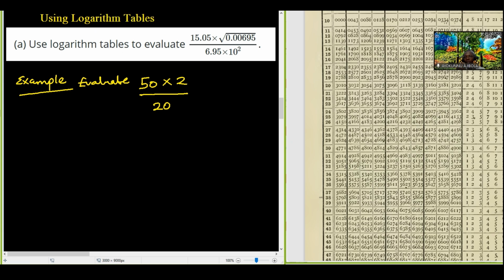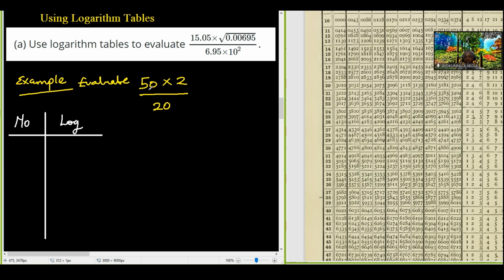Yes, sir. Whenever you're given things like this, the first step is to have a table: put number on one side and log on the other side. So that's why we call it number log. You're going to rule this and make it in form of a table.